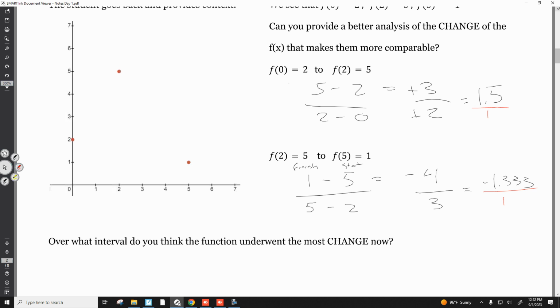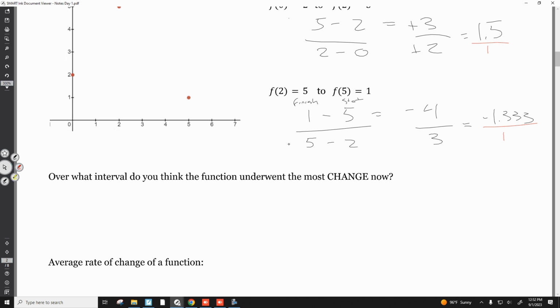Tell your neighbors. 1.5 y's per x is larger than 1.33 y's per x.